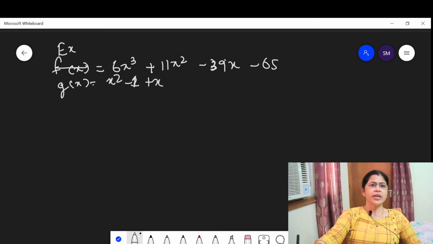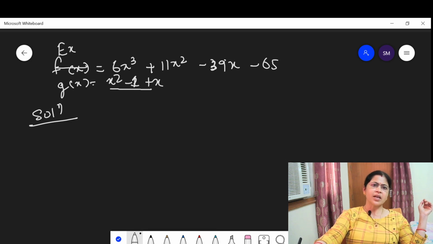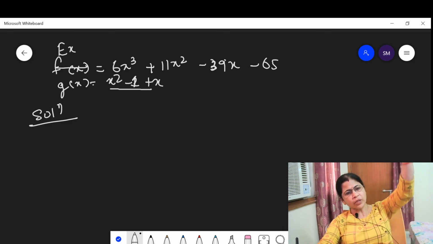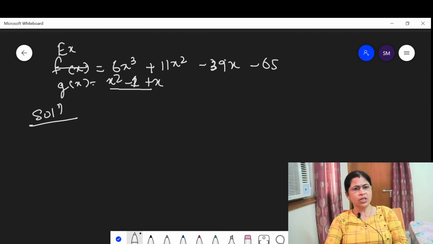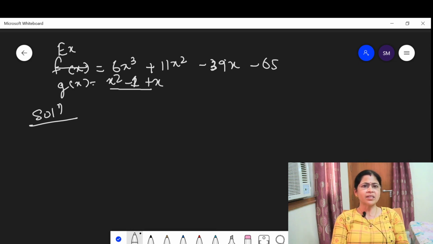A very important thing: before doing the division, it is very important to keep f(x) and g(x) in descending order of the powers of the variables. Here f(x) is 6x cube plus 11x square minus 39x minus 65, so the powers are already in descending order.